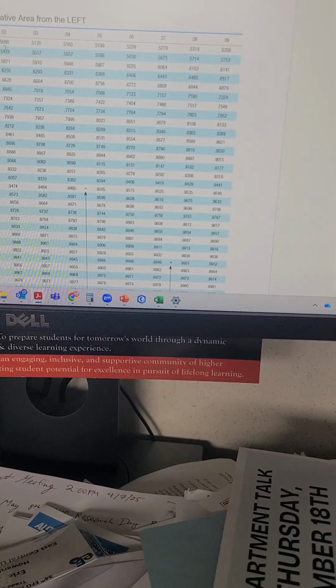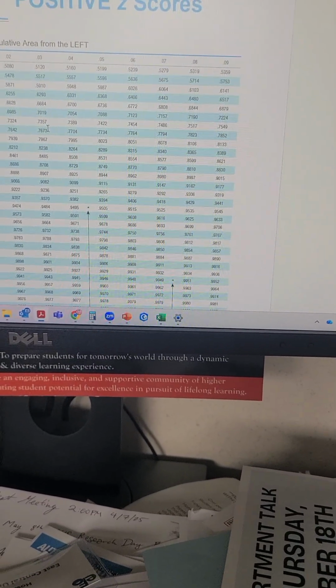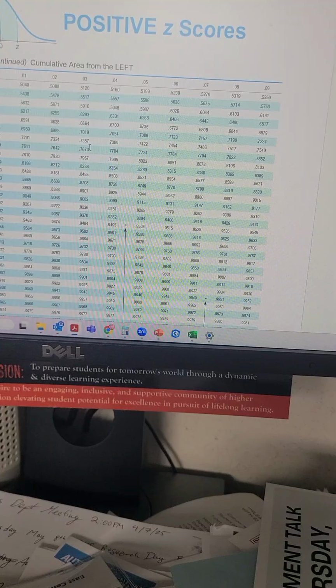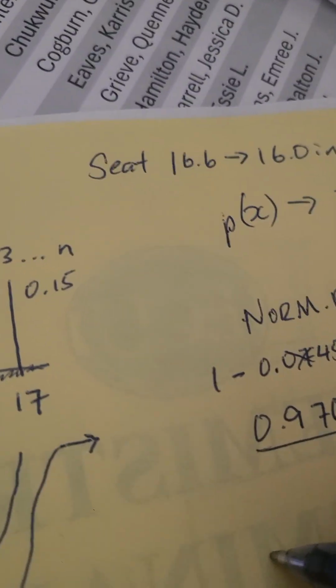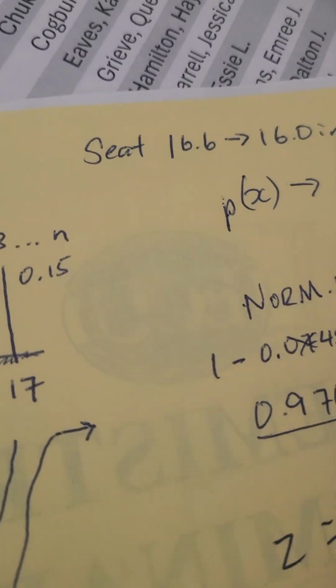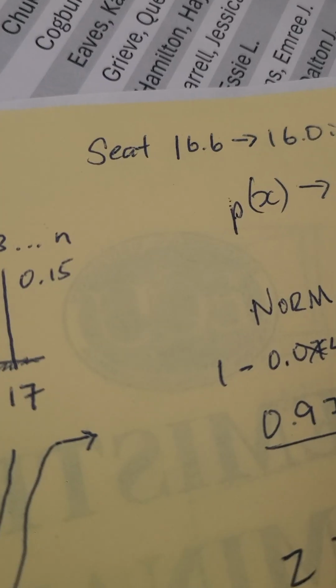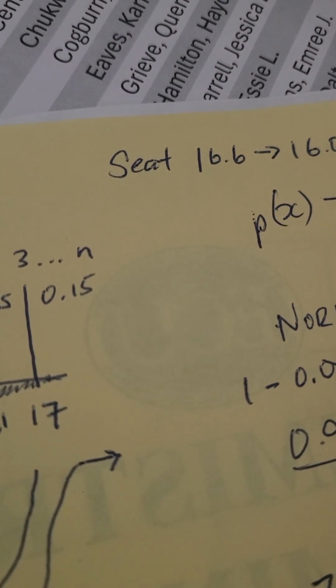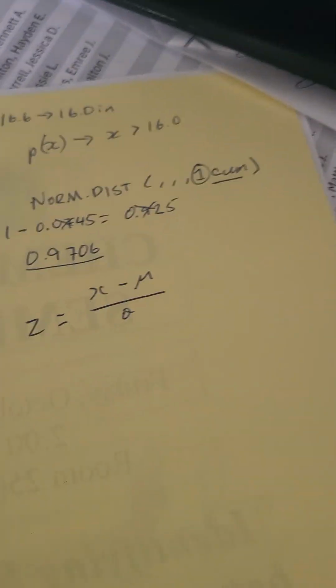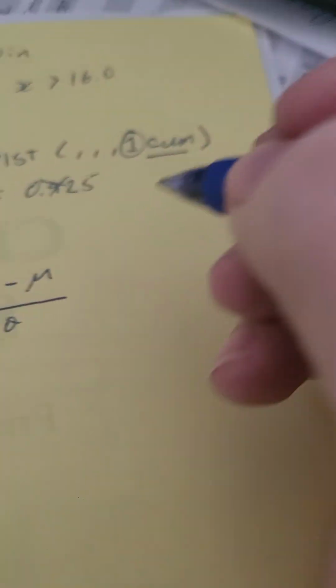So we're going to find Z for here, but what are we looking for? What's our Z score? Oh yeah, we have to do the calculation, right? So our Z score calculation: Z equals, and remember this is because this is a single measurement or single sample, as opposed to a mean.